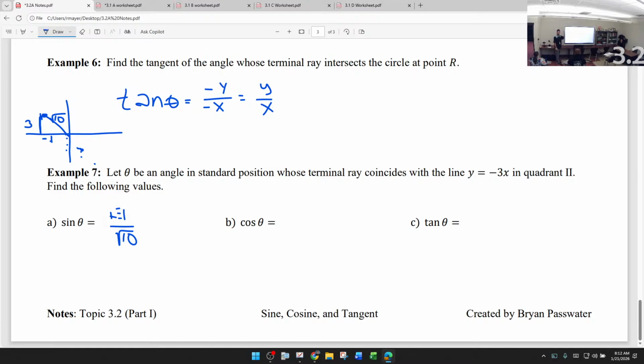Change it to positive 3. Don't look at me like that, Jonah. Does that not look like a positive 3? You ought to see some of the crap I see from you guys. I'm not talking about you now. You have beautiful handwriting.